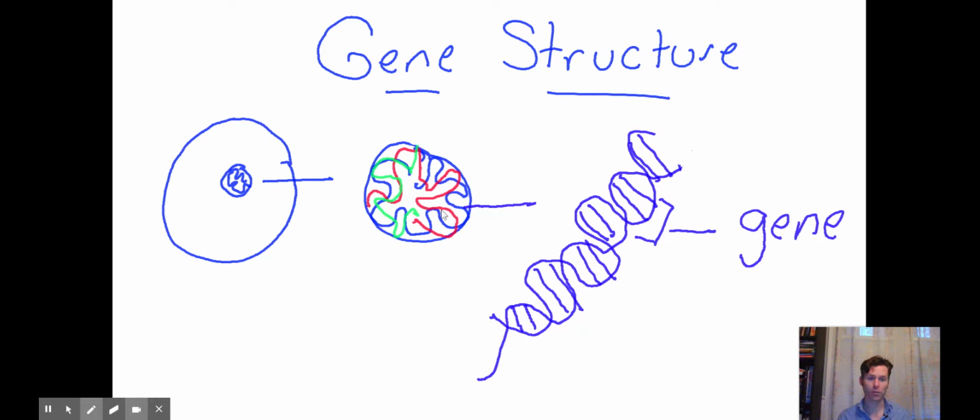This particular organism I have decided to model with 3 separate chromosomes. So its entire genome would be 3 chromosomes large. I've only given them 1 copy of each, so this would be a haploid organism. Okay? So this is a haploid organism with 3 distinct chromosomes.